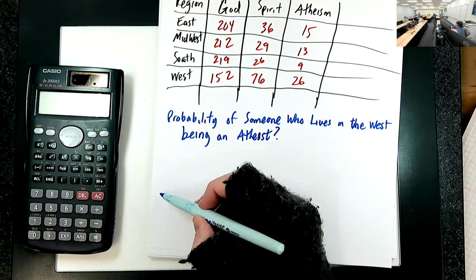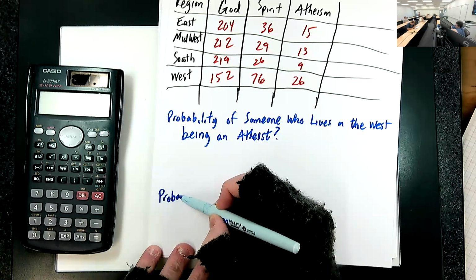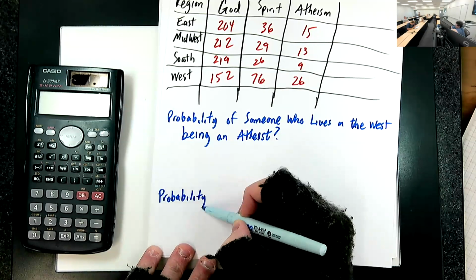And we'll switch this around. What is the probability that an atheist lives in the West?